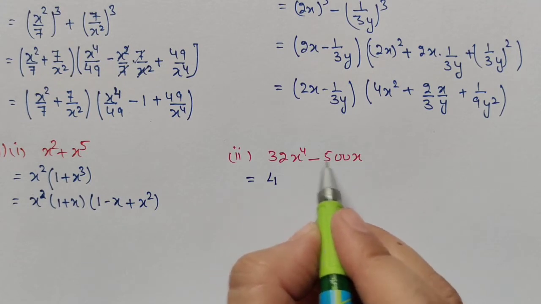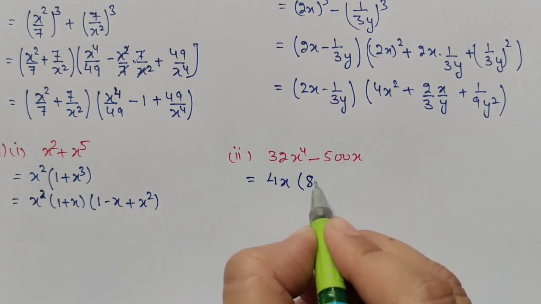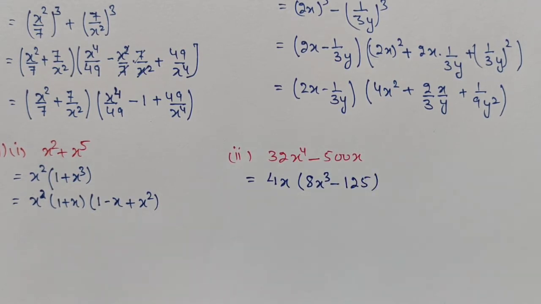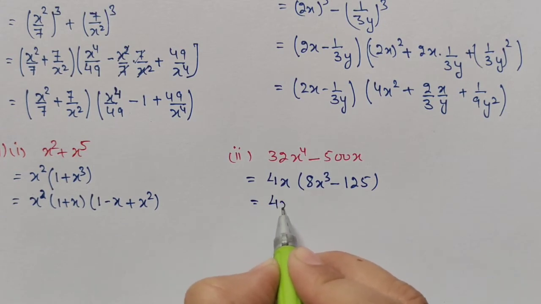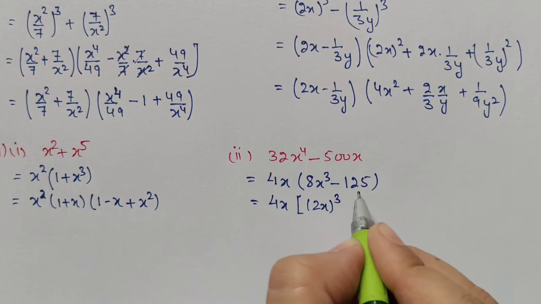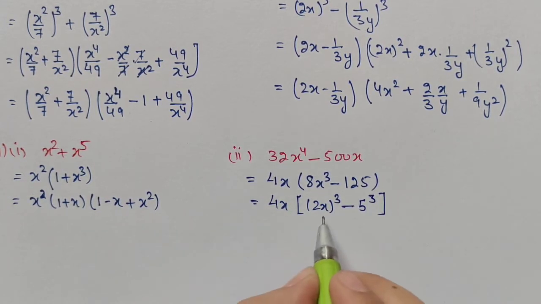In the second part, from 32 and 500 we can take 4 as common. From x to the power 4 and x we can take x as common. Then we have 8x to the power 3 minus 125. Now 8x to the power 3 we can write as (2x) whole cube, and 125 we can write as 5 cube. We can apply the a cube minus b cube formula now.